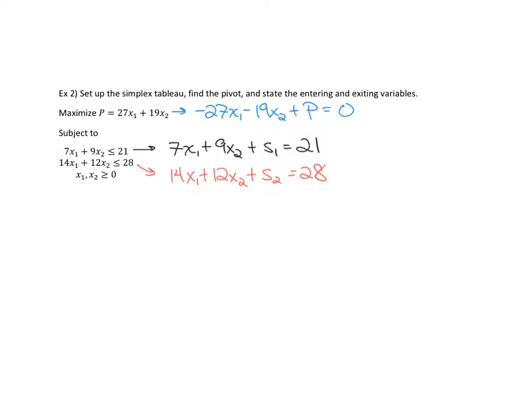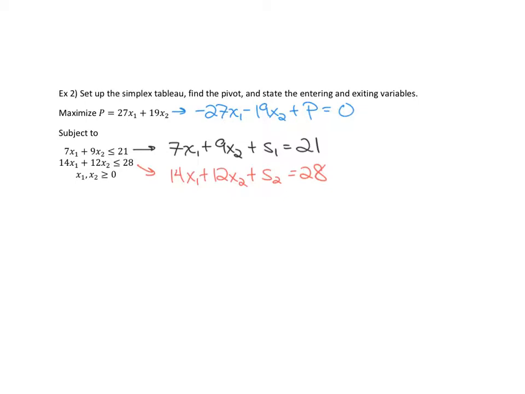And every time you create a new equation, you need to increase the subscript on the slack variable by 1. So the first equation will have a slack sub 1. The second equation will have slack sub 2. And if you have more equations, you'll go slack sub 3, slack sub 4, and so on.